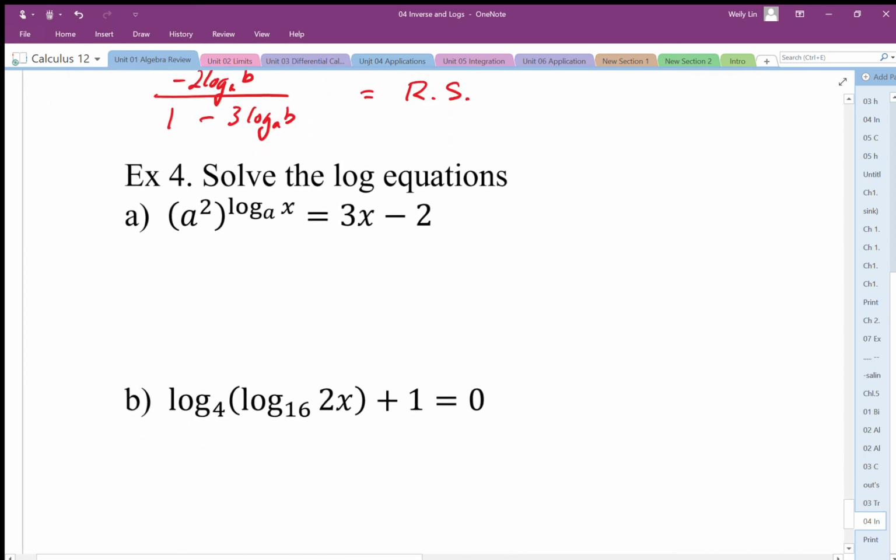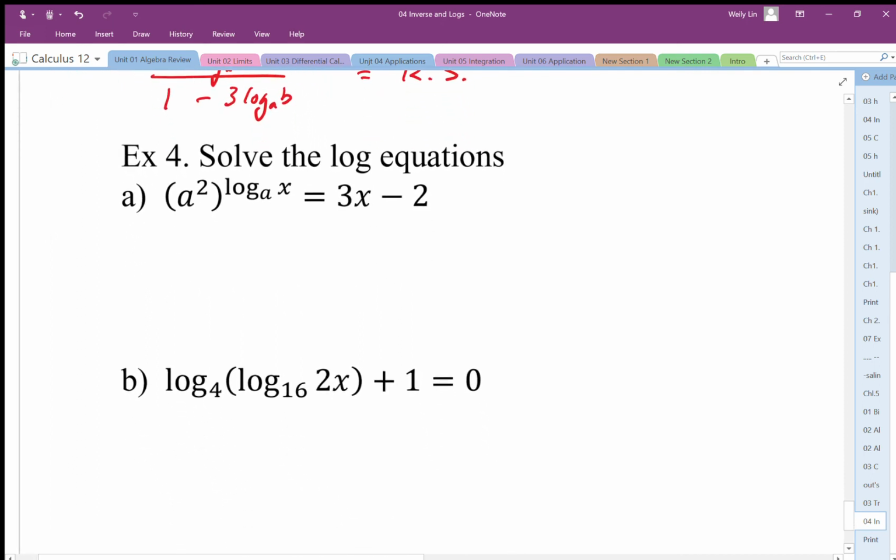So we are going to solve some log equations. Here we need to solve this log equation, and we can maybe use an identity here. This is actually 2 times log A of x, so I can rewrite this as log A of x squared. Well, this is an identity.